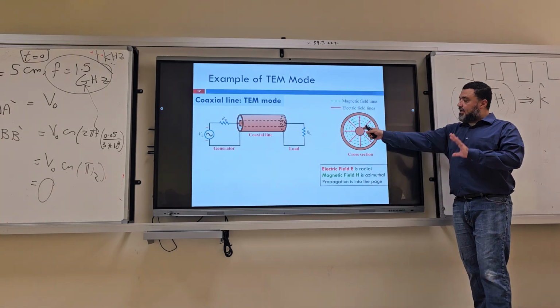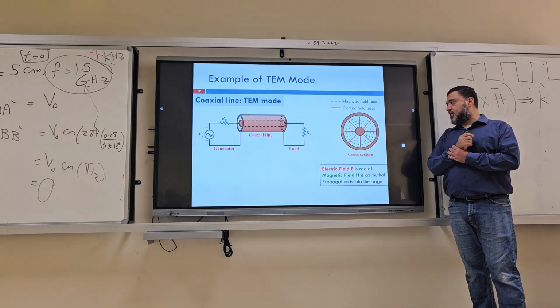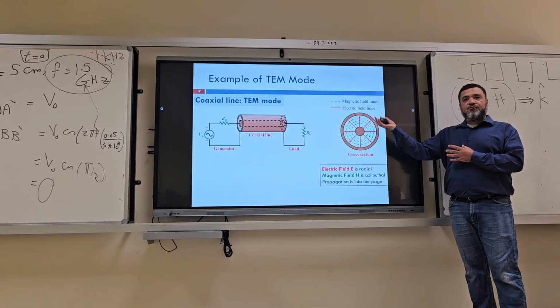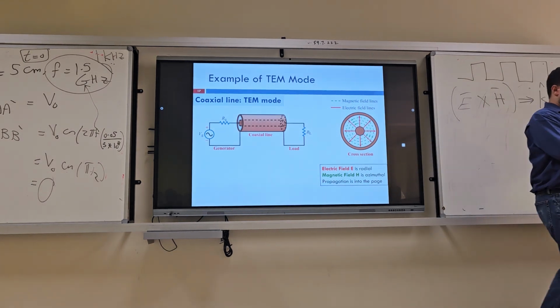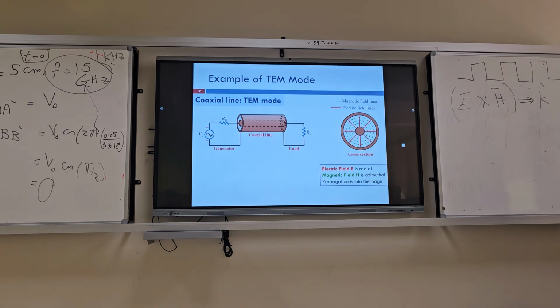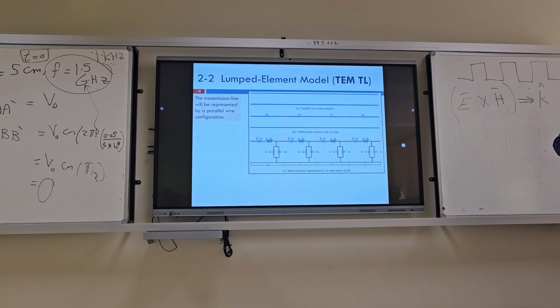But it happens here that the inner conductor current is in the same direction as the wave propagation. Does this make sense?